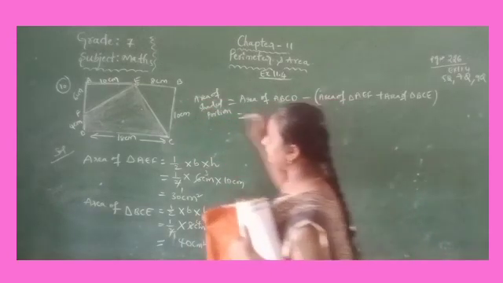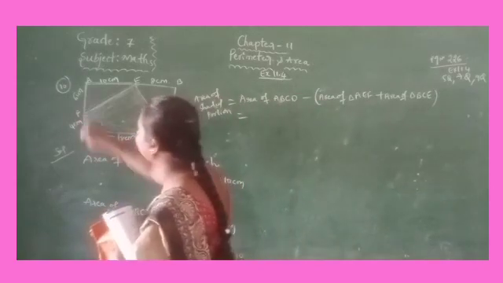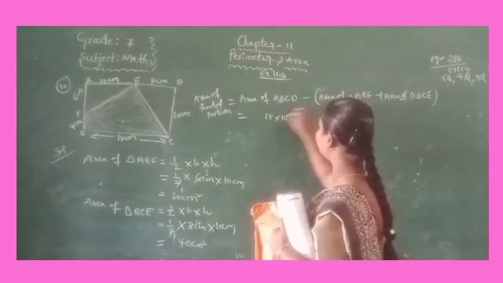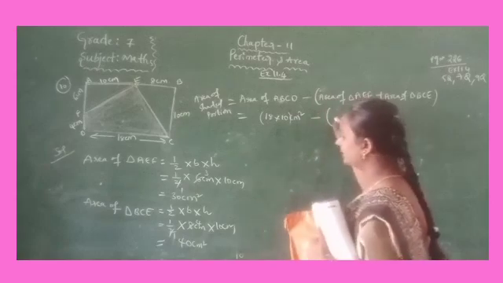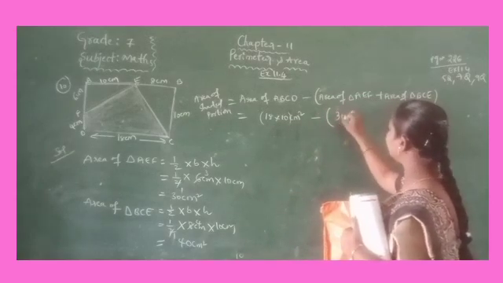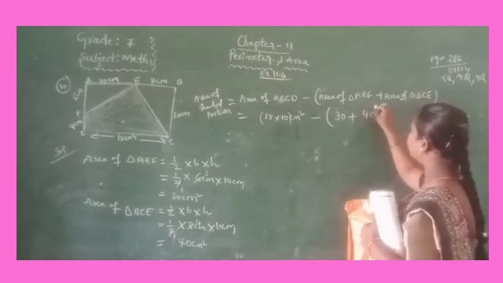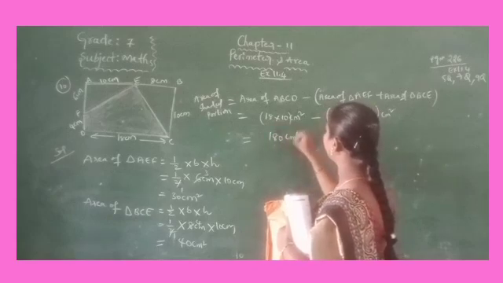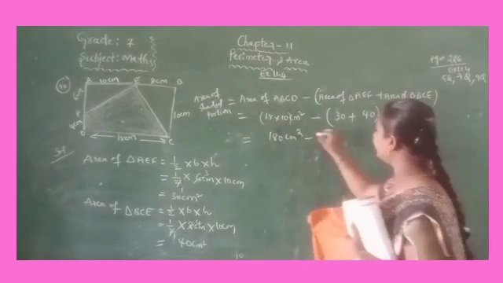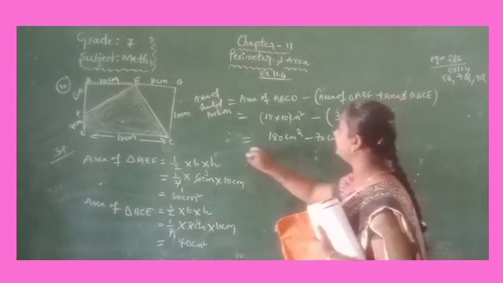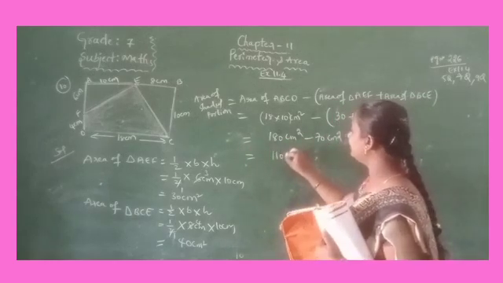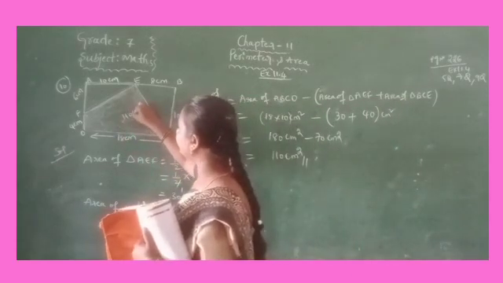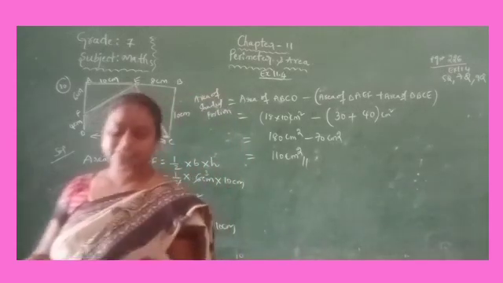Total length is 18 centimeter and breadth is 10 centimeter. So 18 into 10 centimeter square minus 30 centimeter square plus 40 centimeter square. Then 18 tens are 180 centimeter square minus 30 plus 40, 70. 180 minus 70, 110 centimeter square. What is the area of this shaded part? 110 centimeter square. Is it clear, children?